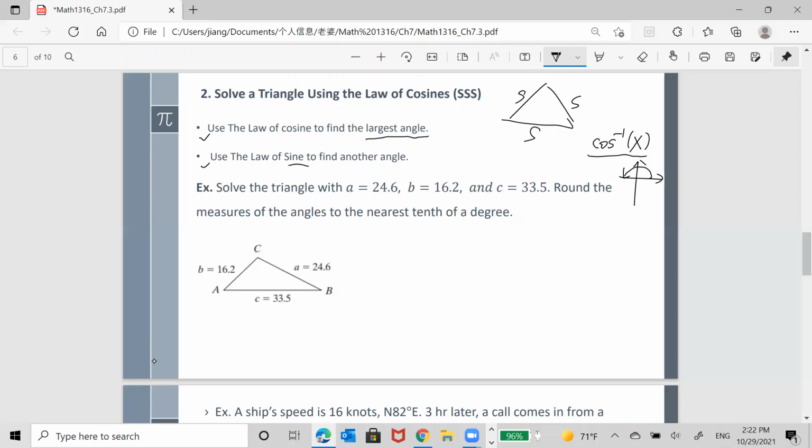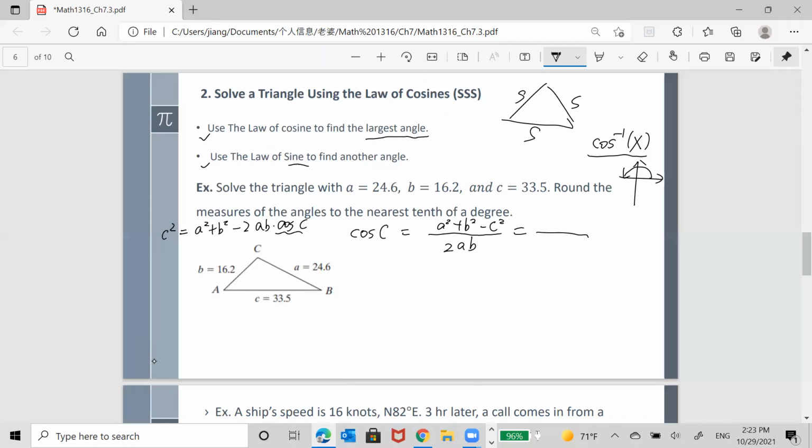Let's use the alternative form of the law of cosines, or go back to C squared equals A squared plus B squared minus 2AB times cosine C and isolate cosine C. Or you can memorize it: cosine C equals A squared plus B squared minus C squared over 2AB. Then plug in A, B, and C.